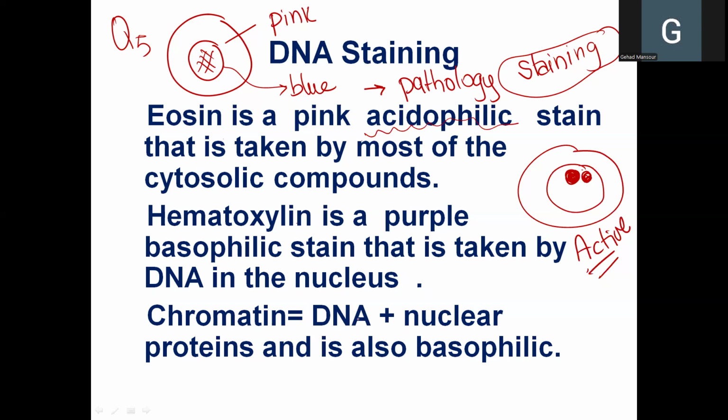So substances that are acidophilic, that can absorb acidic stains like eosin, will appear pink, whereas DNA appears blue because it absorbs the basic stain hematoxylin, which is purplish blue or bluish purple. What about chromatin? Chromatin is DNA plus nuclear protein, but it absorbs hematoxylin more, and therefore it appears blue upon staining.